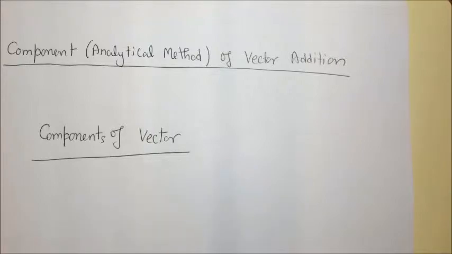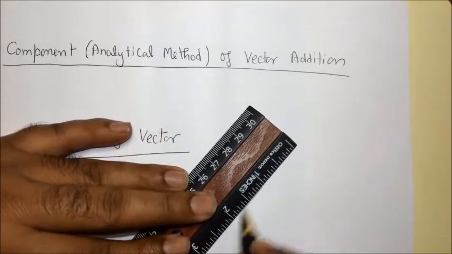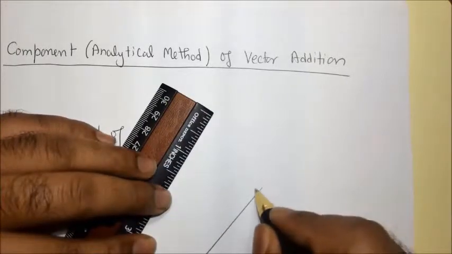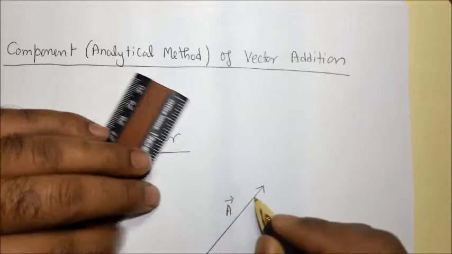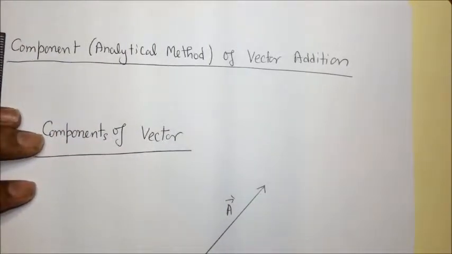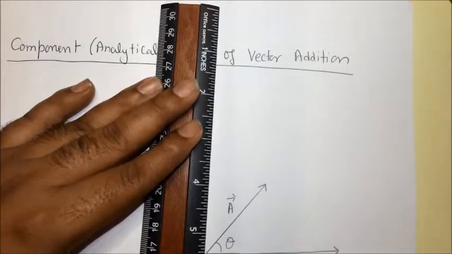Suppose you have vector A and it is making angle theta with the x-axis. Let's say this is my x-axis and this is my y-axis.